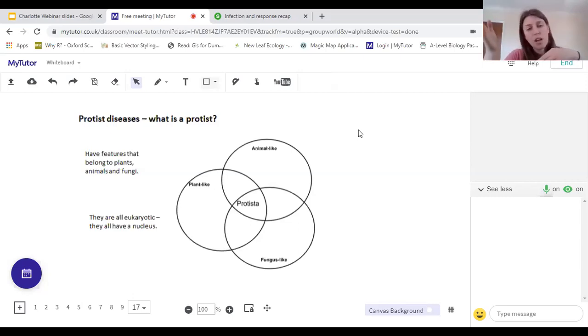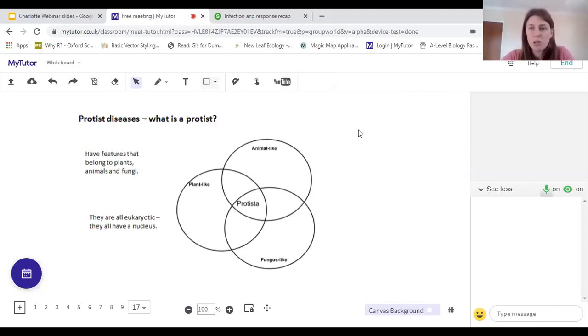Some of them have ribosomes and mitochondria, others don't. They differ extremely, and they're all sorts of different shapes and types and structures. So it's very difficult to classify them. And that's why I think they're often quite difficult to remember, because they don't have any particular features that characterize them. So they're this kind of funny group that fall in between everything else.